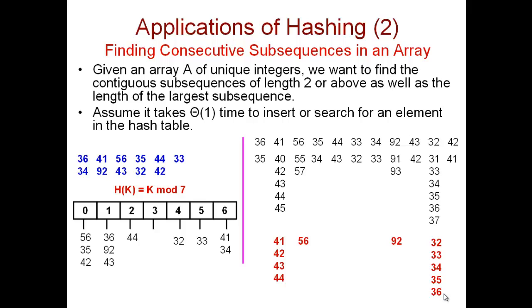Given an array of unique integers, what's the length of the largest subsequence of length 2 or more? Now, what we are going to discuss in this lecture assumes the array has unique integers. In your assignment, you will modify this algorithm to run for arrays that may not have unique integers, in the sense that the array may have elements appearing more than once, and still you should be able to find the largest subsequence of length 2 or more.